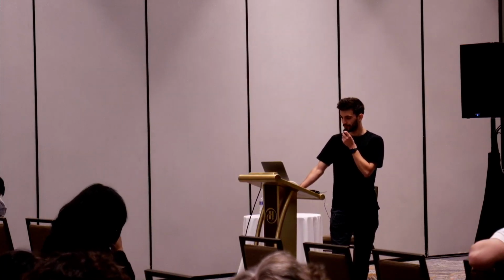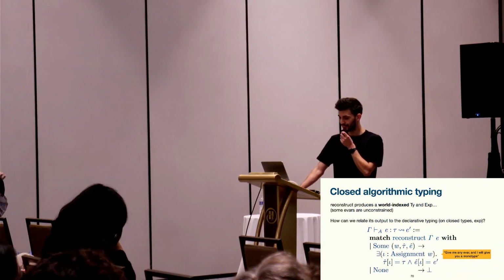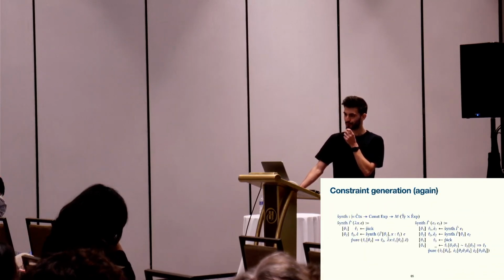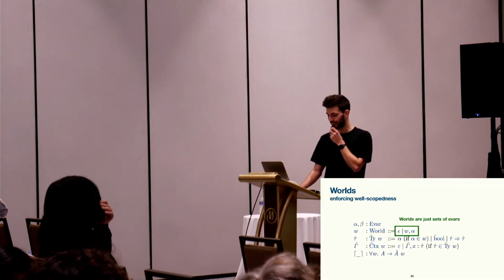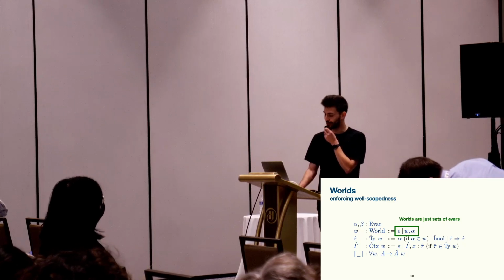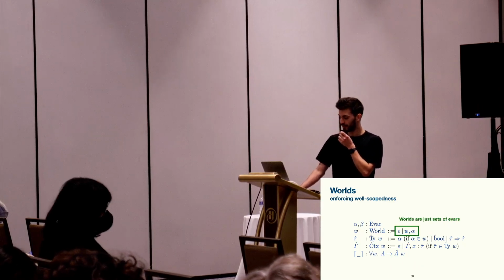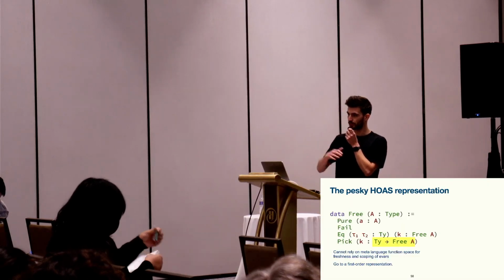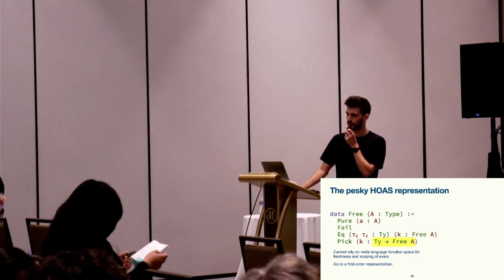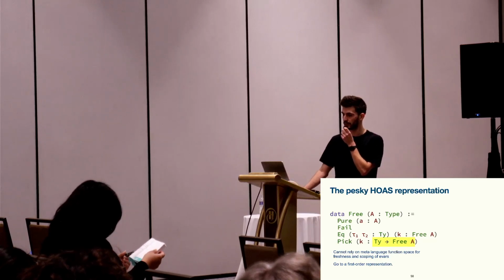So essentially I wanted to make two talks, and I chose to give one, which was the high-level overview talk. But there's another talk that I can give to you maybe offline if you're interested. Essentially, what I shoved under the rug for the first 10 minutes is this scoping of existential variables.